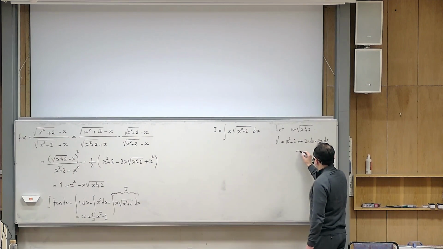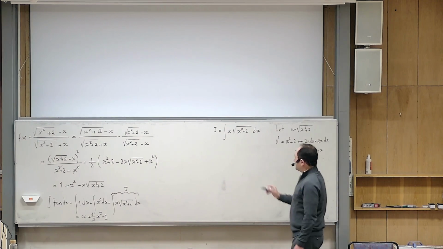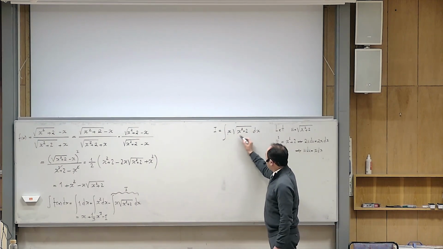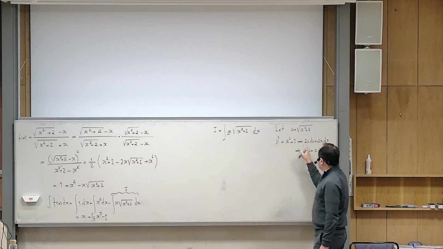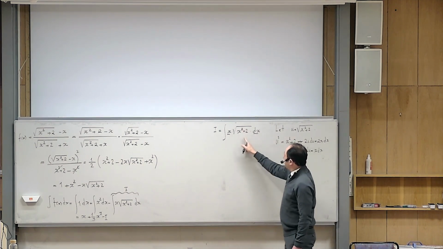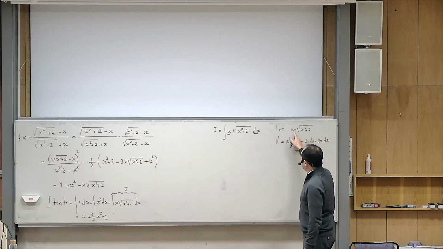I divide everything by 2, so this means that u du is equal to x dx. So this x times dx can be written as u du, and instead of this square root, I can simply put u.